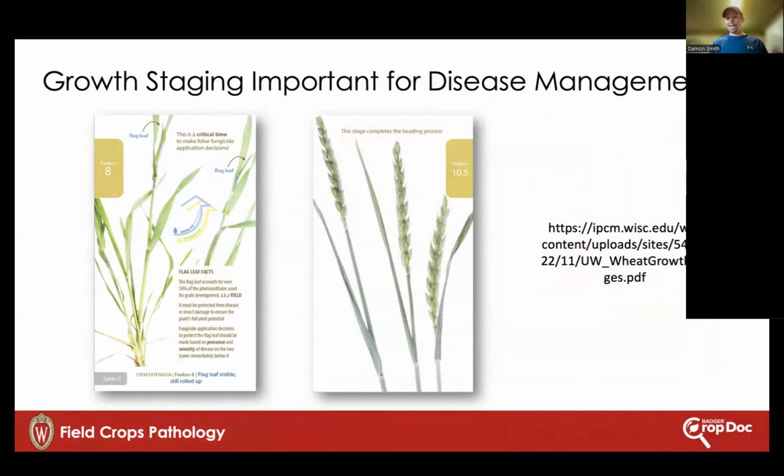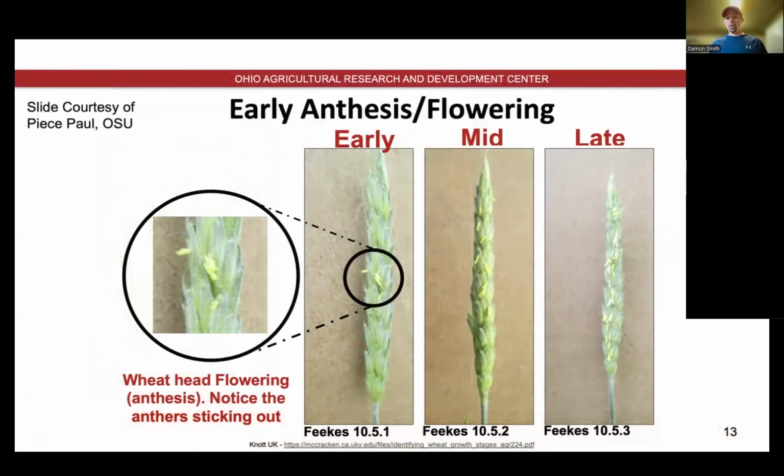I'm showing you the 2 major times that we want to apply a fungicide. The first would be Feekes 8. We're generally in southern and south central Wisconsin, probably already a bit past that Feekes 8 or emerged flag leaf. That would be a good stripe rust timing if we saw stripe rust moving in. But what we really want to focus on now is Feekes 10.5, and specifically 10.5.1 timing, where we have heads out, and more importantly, where we're starting to see the actual anthers.